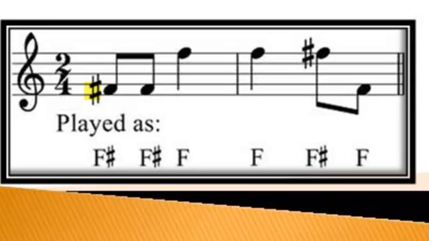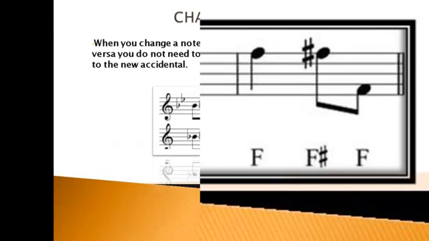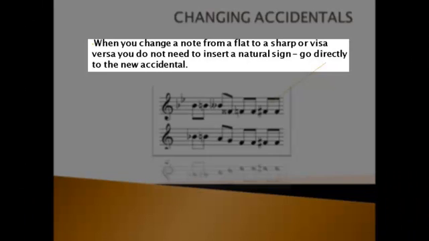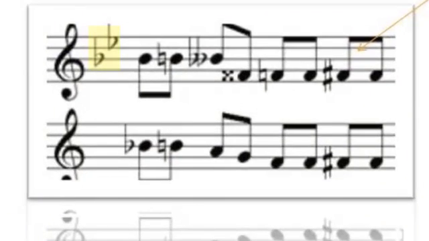When you change a note from a flat to a sharp or from a sharp to a flat, you don't need to insert a natural sign. Just go right to the new accidental. On this slide, in this example, we have B flat and E flat. So the first note is B flat. The next one is B natural. So the natural sign must be written there. And then we have a double flat, which you don't know about.